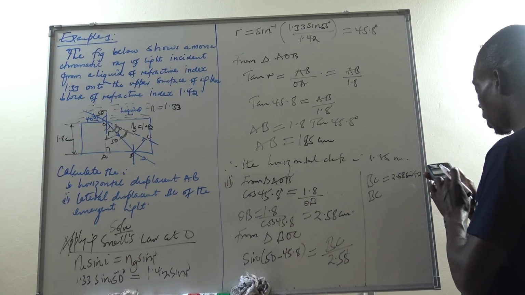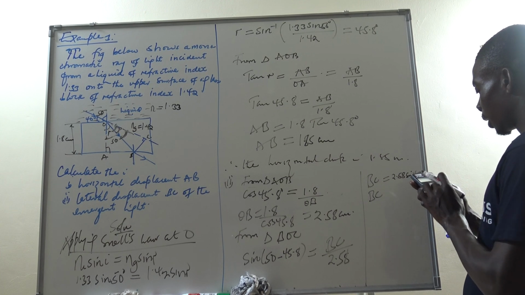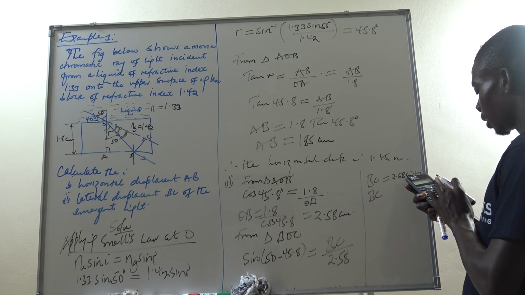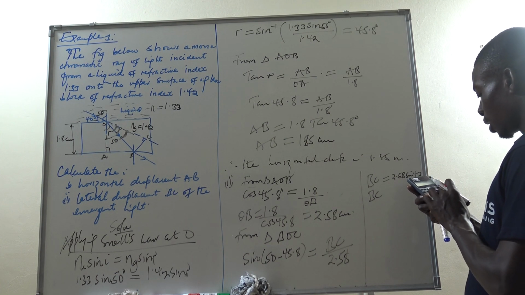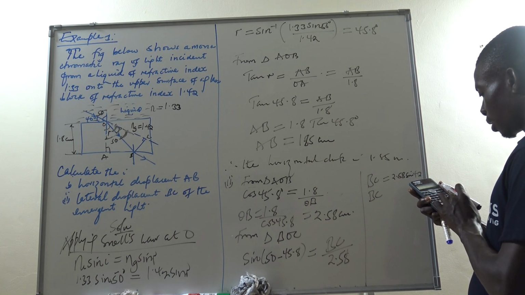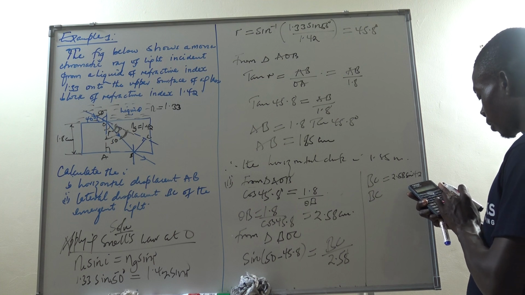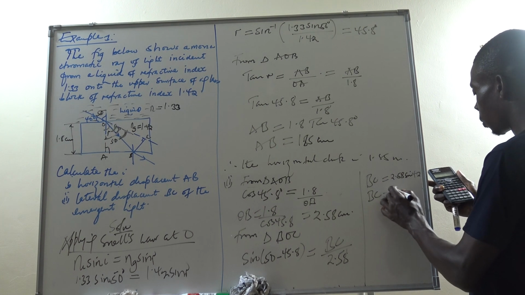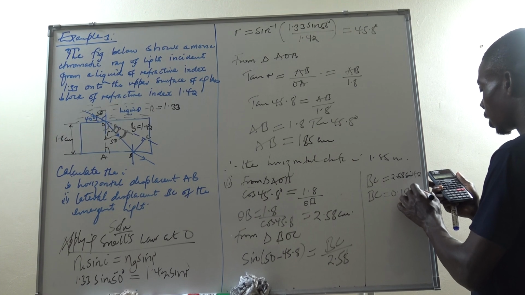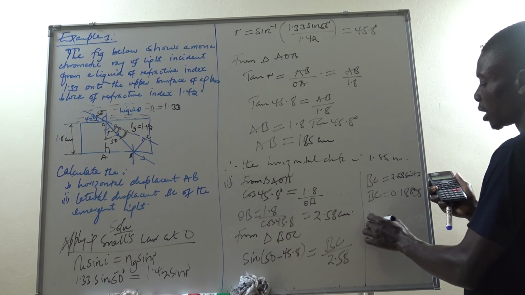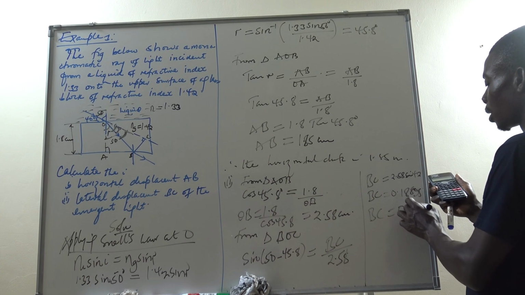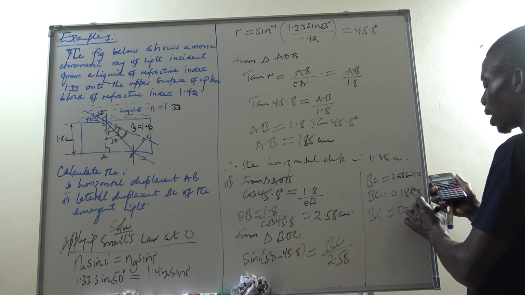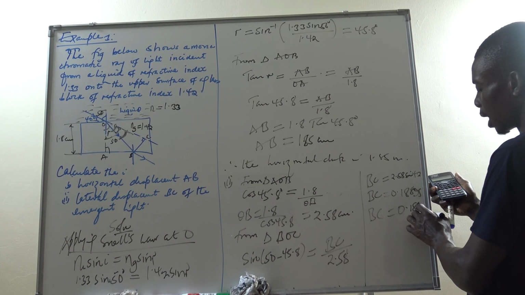And my BC is equivalent to 0.18895, and this is equivalent to 0.189 centimeters.